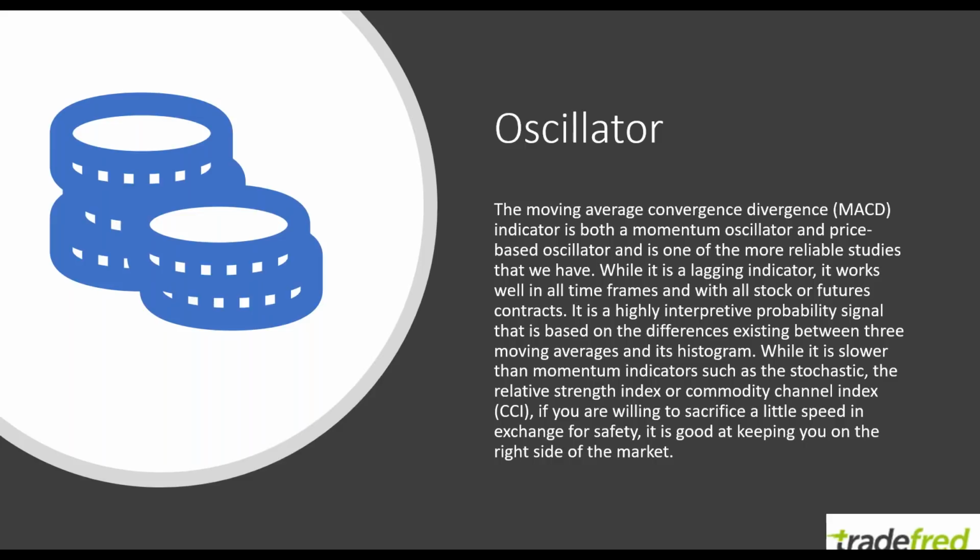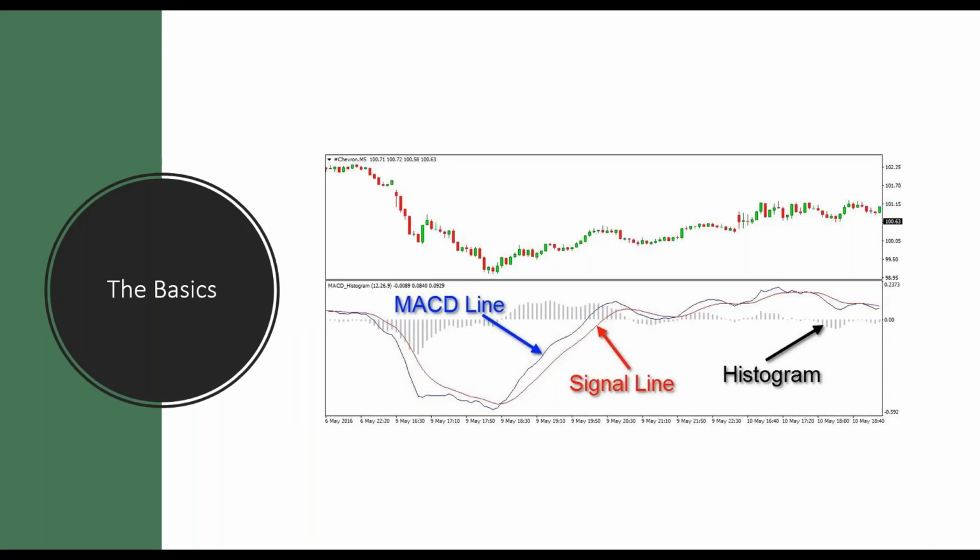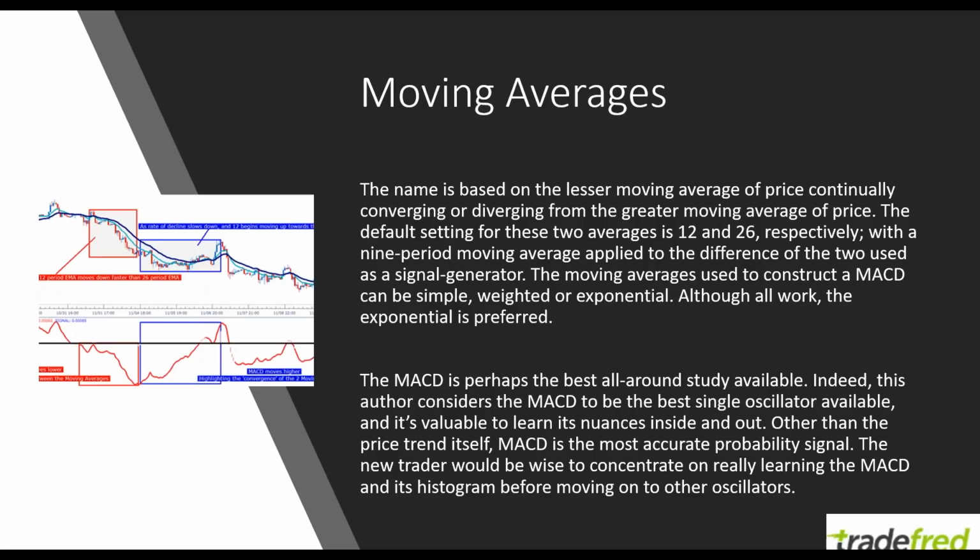While it is slower than momentum indicators such as stochastics, the relative strength index, or CCI, if you are willing to sacrifice a little speed in exchange for safety, it's good at keeping you on the right side of the market, because we can see all the information about price and also where the trend is moving in the movement of these lines below the chart. And you always want to be trading on the side of the trend as well as the side of the momentum.